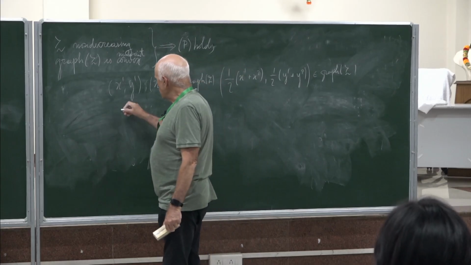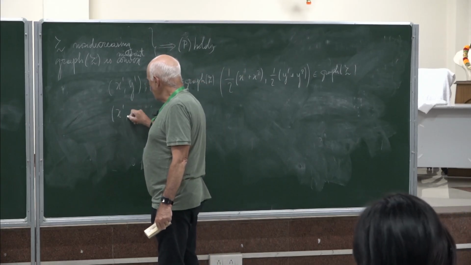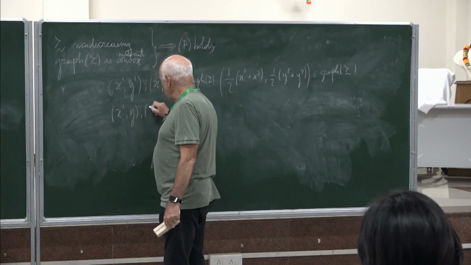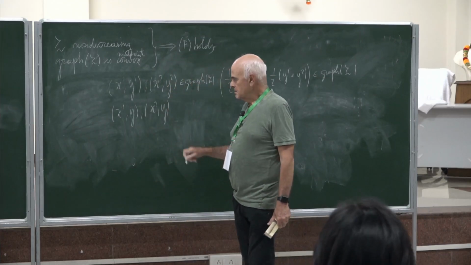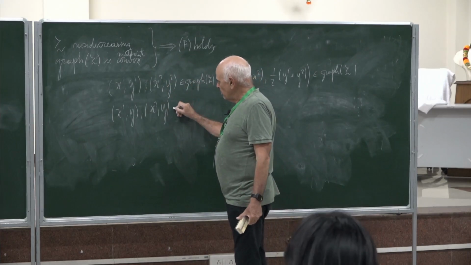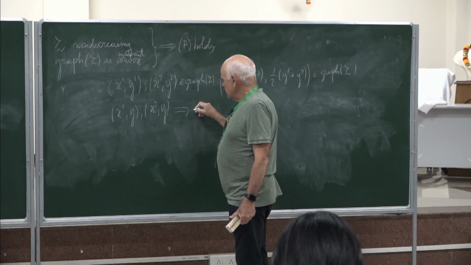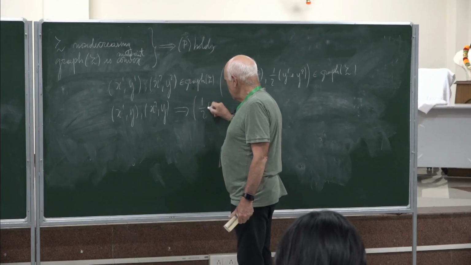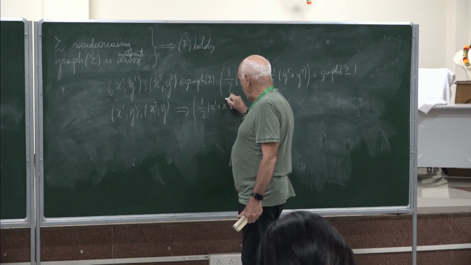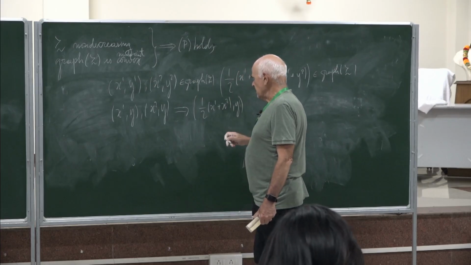This implies that when you have (x1, y) and (x2, y) in the set, then by convexity, (1/2 (x1 plus x2), y) is in the set.